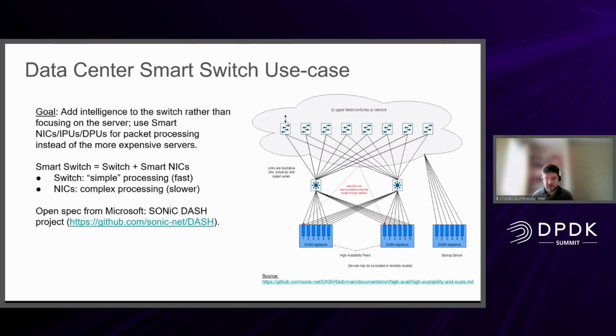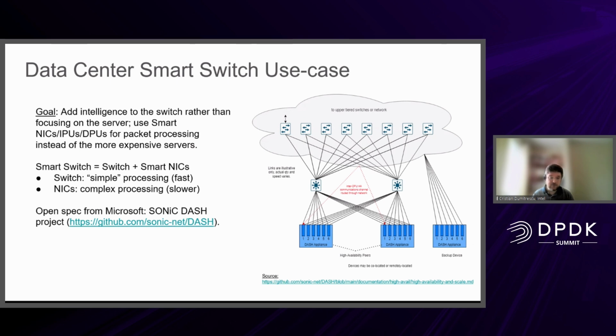So then all those processing workloads that require more complex processing would actually go on a smart NIC. So then a smart switch essentially is a switch that does things very fast and very simple, plus a bunch of smart NICs, right? We could equip some of the external I/O ports of the switch with some smart NICs, and then those smart NICs would do the complex processing that is involved sometimes or pretty much every time in a complex data plane pipeline.